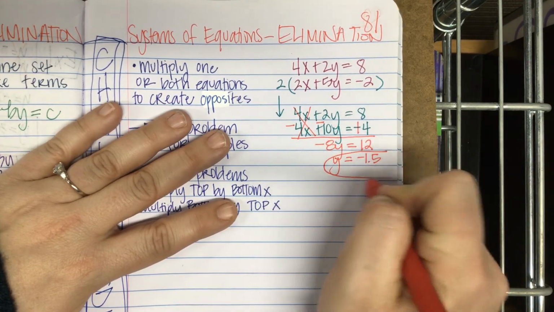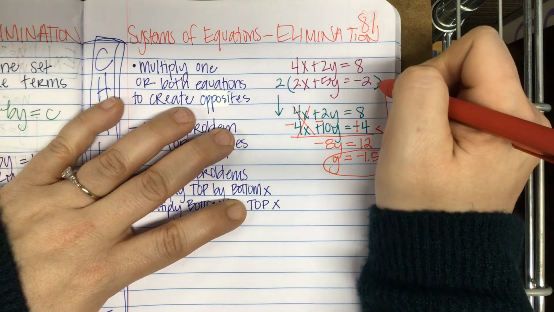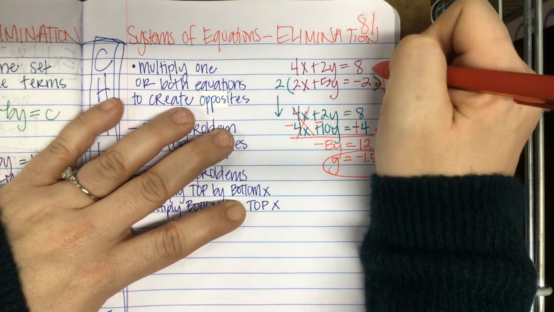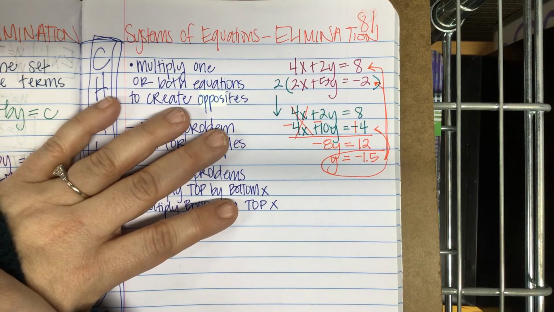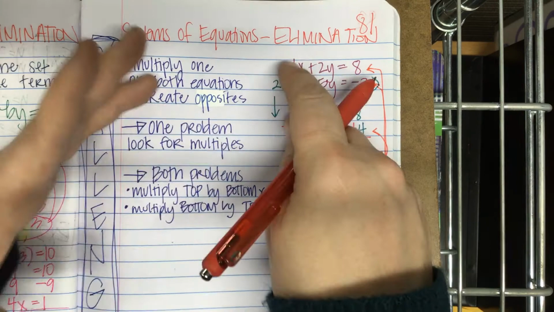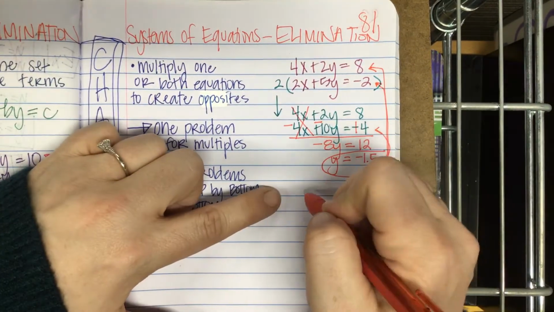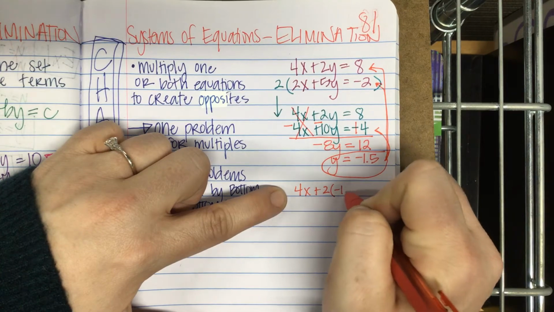I can now take this value and put it into this equation or this equation. It does not matter which equation I put it into. Any equation. I'm going to pick the top one. 4x plus 2 times negative 1.5.